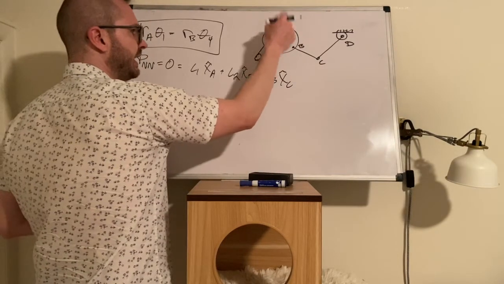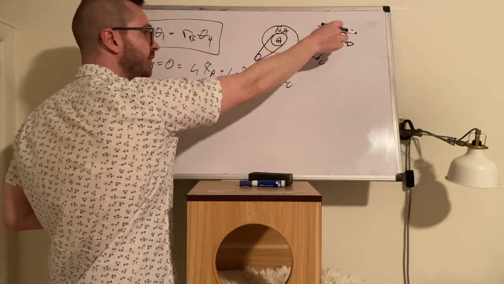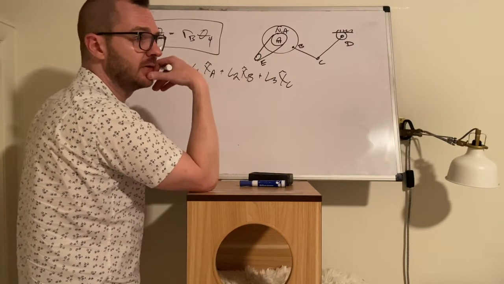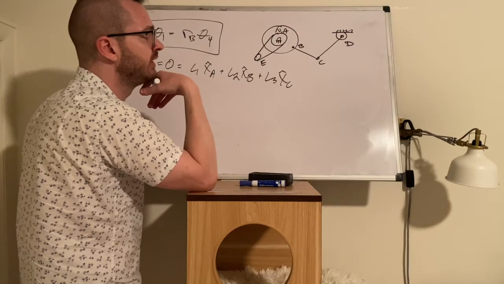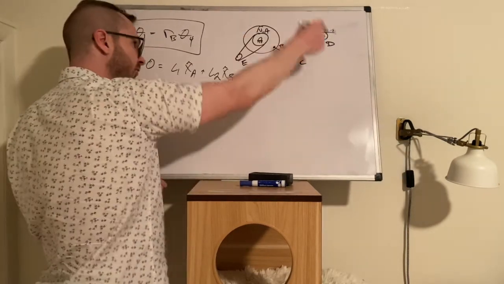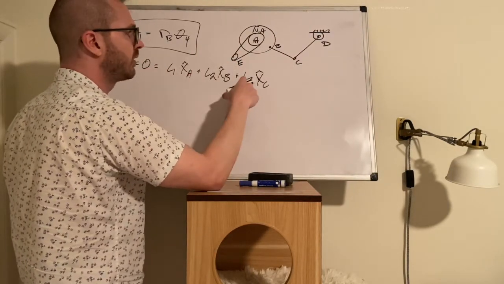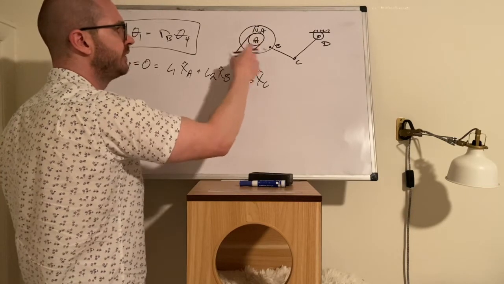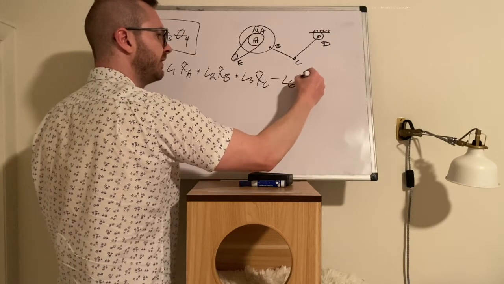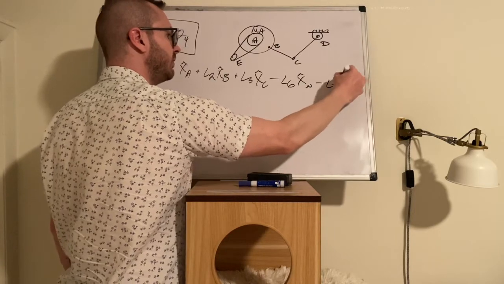So that gets us N to B, B to C, C to D, and then we need to go from D back to point N. If we don't know anything about the specific dimensions, it's safest to assume that these things are not aligned. So let's say we got to go down and we got to go left to get back. We already did L4 and L5 getting to point E, so this is now 6 and 7. So minus L6 and minus L7.